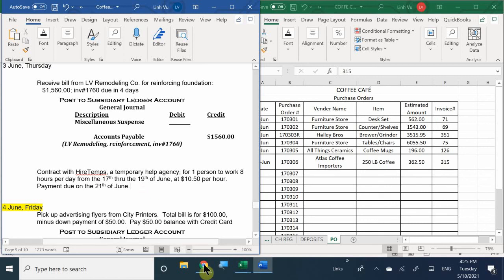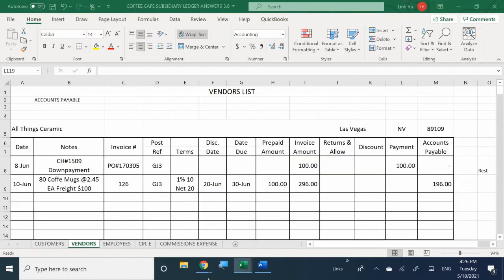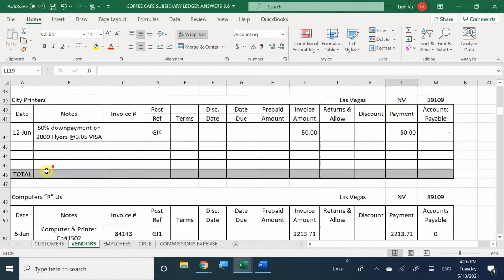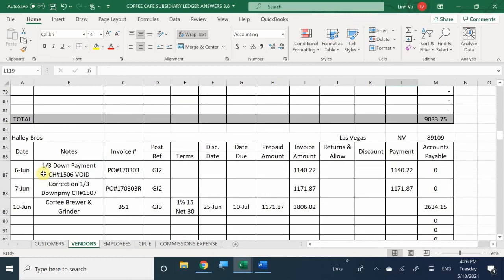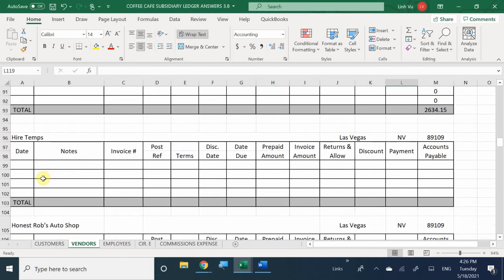Vendor. Excellent. So because you can't journalize it, right? You just hired them. You didn't pay them yet. And you already said that you're going to pay them on the 21st of June. So the best place to place it is going to be in your subsidiary ledger under Hire Temps. So it should be right under Haley Bros. Okay.